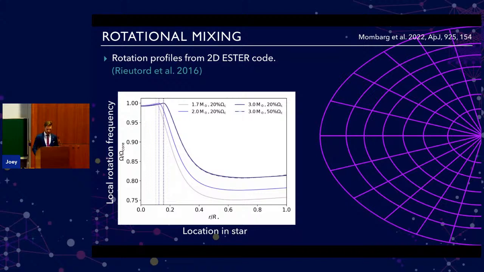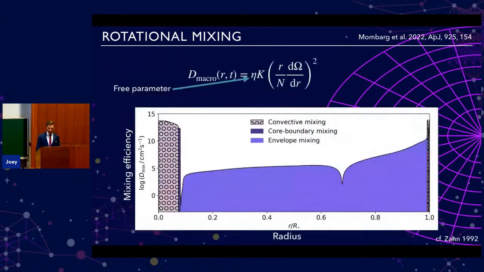in a self-consistent way. I'm using these rotation profiles to predict what the rotational mixing should be, following a formalism from Jean-Paul Zahn developed in the 90s. So you have your rotation profile from ESTER, and I'm looking at how this rotation profile changes as a function of the radius and scale the efficiency of the mixing with this derivative.